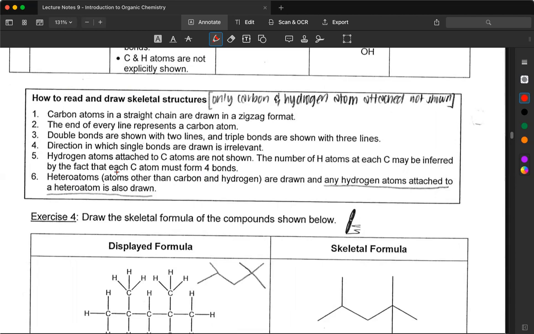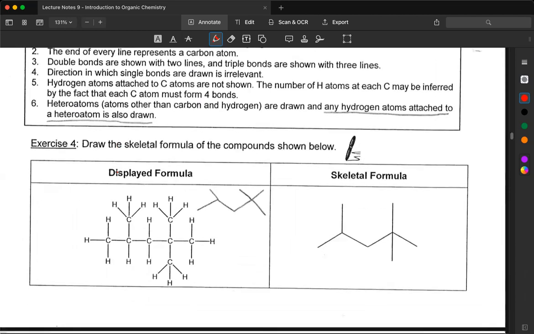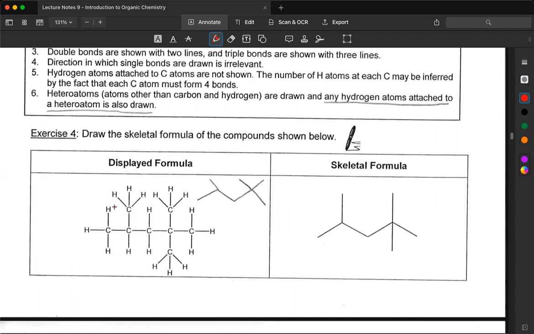Heteroatoms are drawn, and any hydrogen atoms attached to a heteroatom will be drawn. So you can convert this to this. And make sure they are drawn in a zigzag manner, because the shape is tetrahedral, sp3 hybridization.